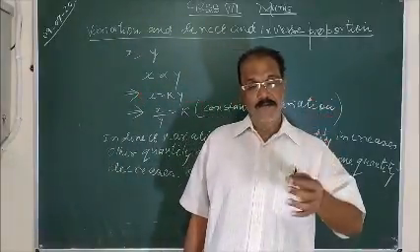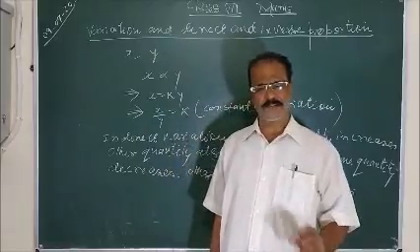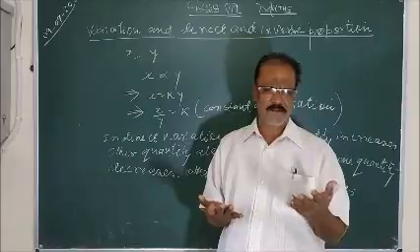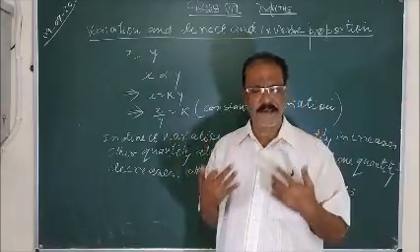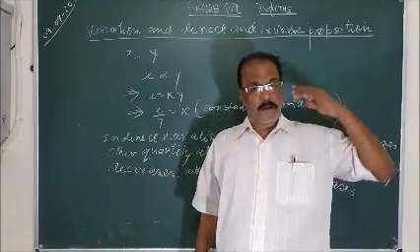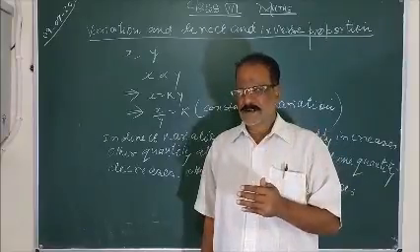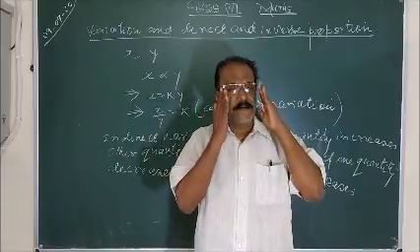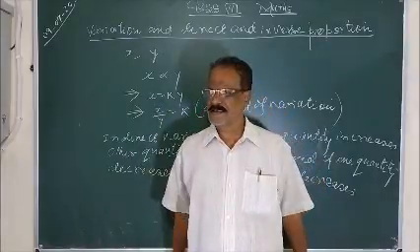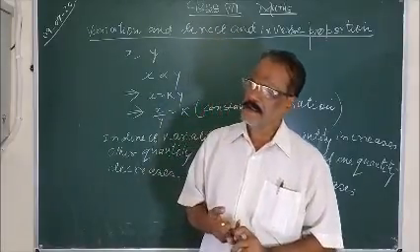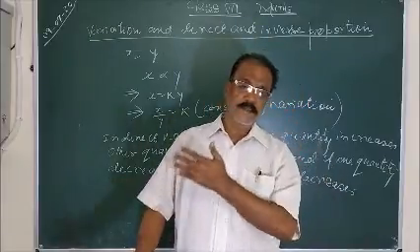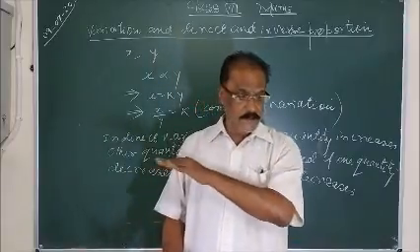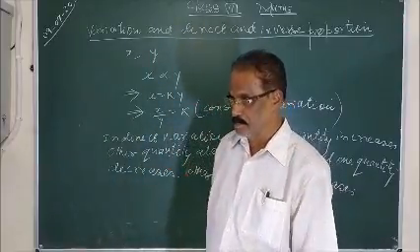Or if you decrease the number of notebooks, this is not a question of books, any article. With these examples, you can understand that if distance is increasing, time is increasing. If distance is decreasing, time is decreasing.